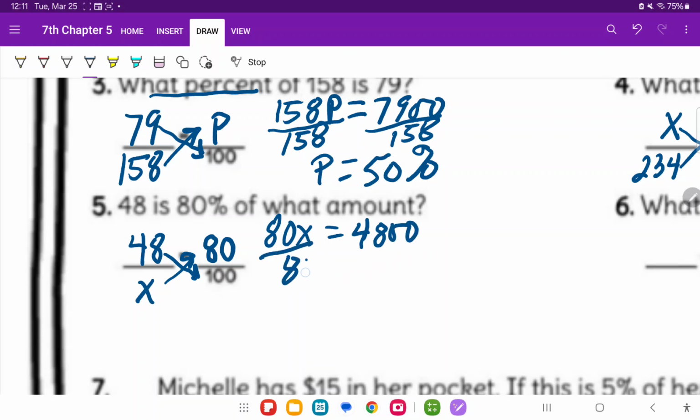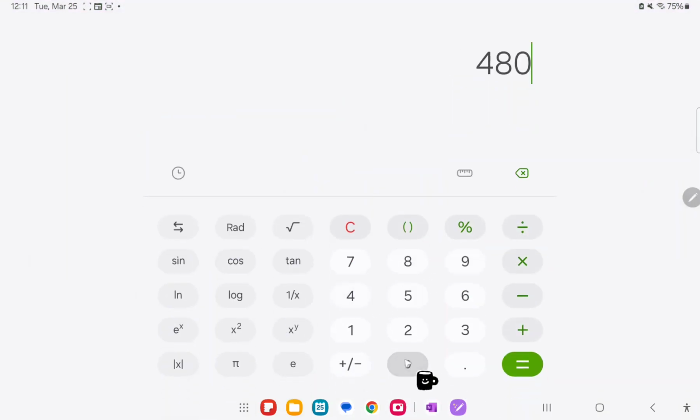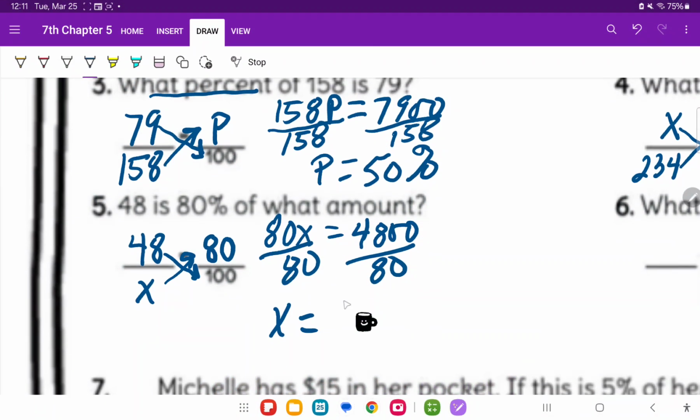So we'll divide by 80. And x will equal 4,800 divided by 80. That is 60. That's exactly 60. So 48 is 80% of 60.